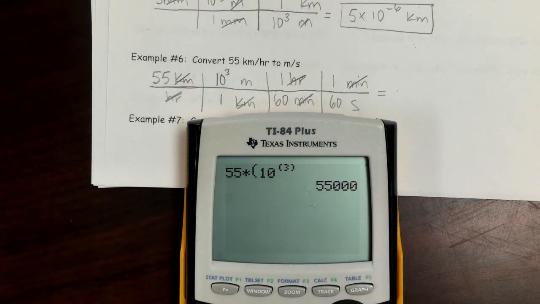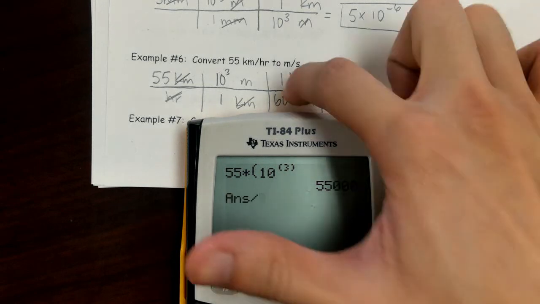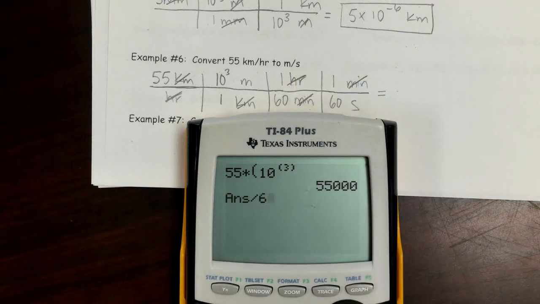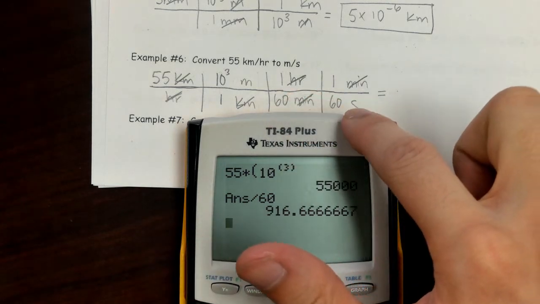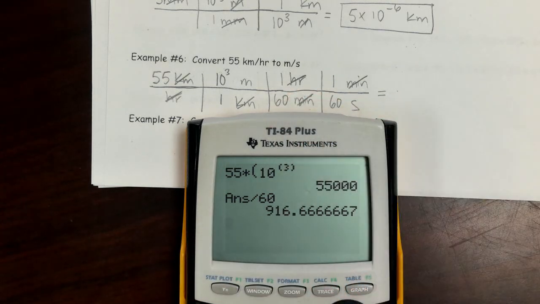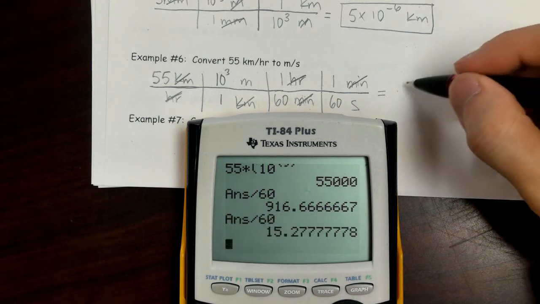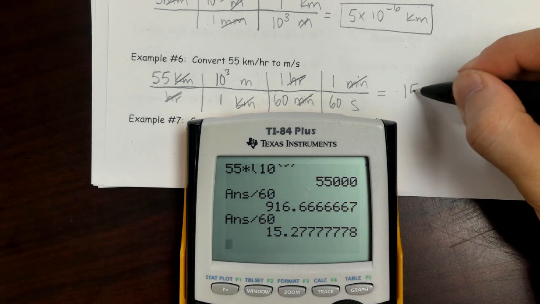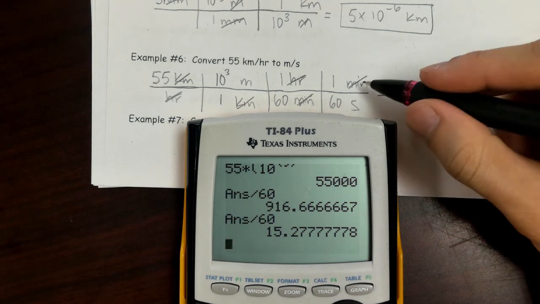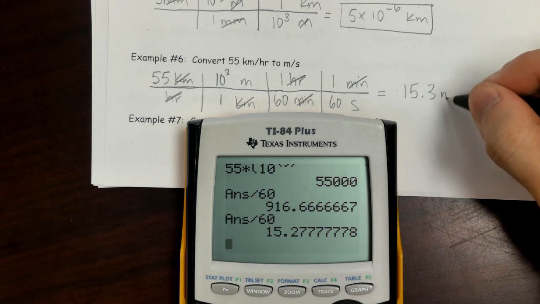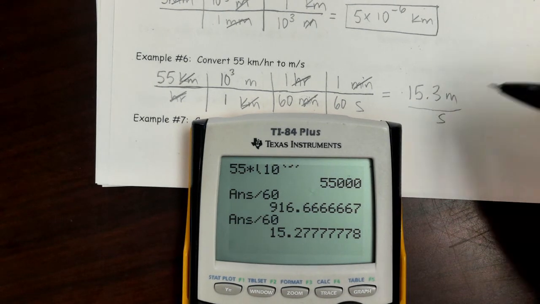These are fractions, so we're going to divide by 60, and then since that's 60, we have to do one more time. We have to divide by another 60, and your answer is going to be 15.3. Let's round it to 3, and our units is meters per second. Okay.